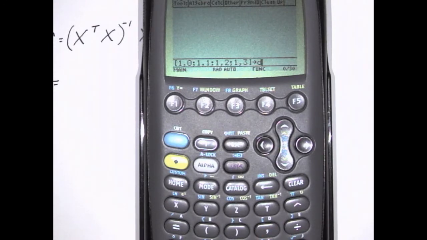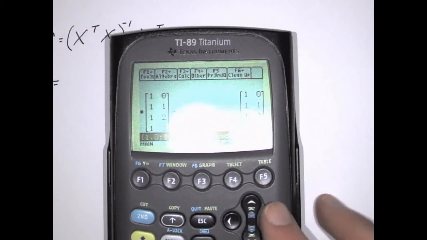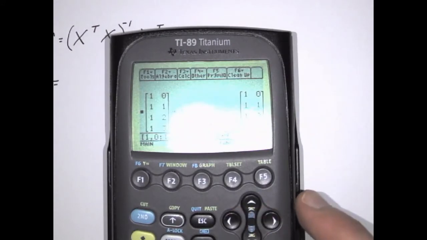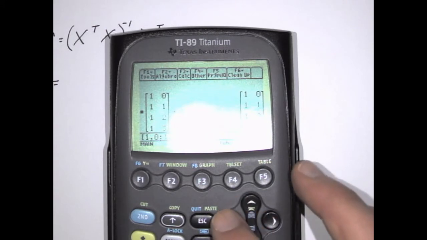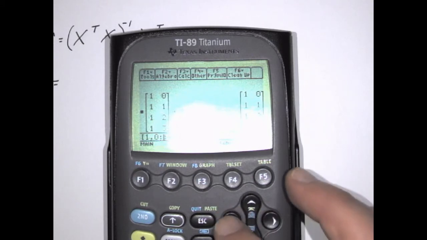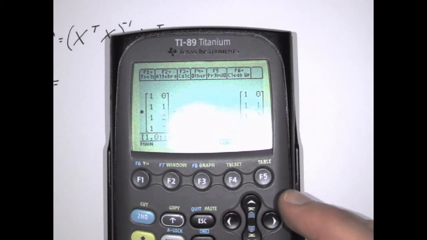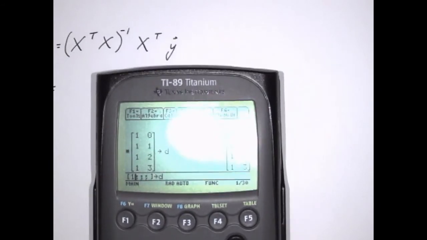Okay. So there's my design matrix D. And now for the observation vector, I'm going to just see what I can do to save myself unnecessary keystrokes here. Okay, so I've got 1, 6, 4, 7.